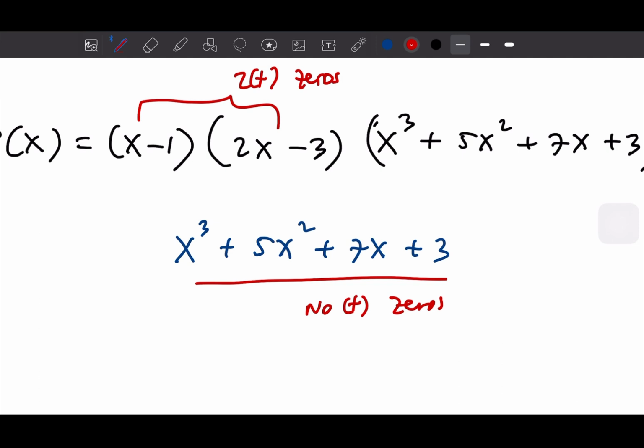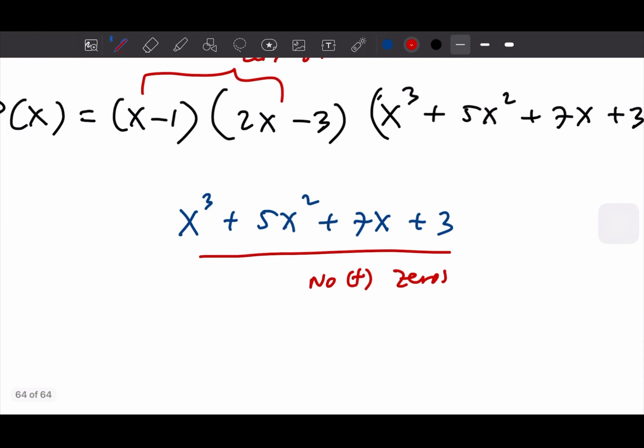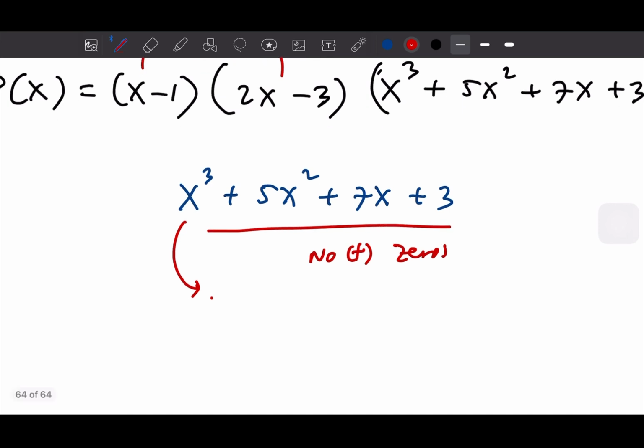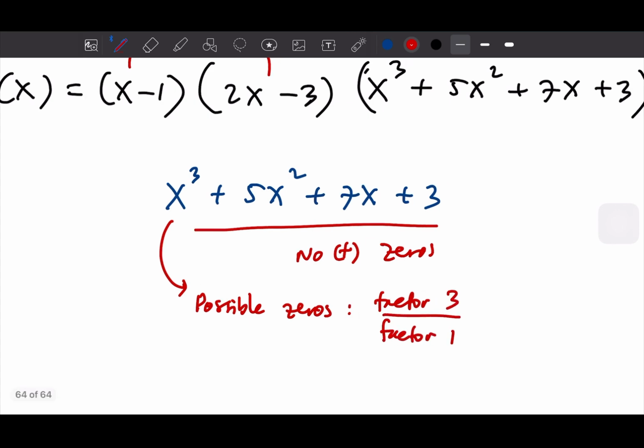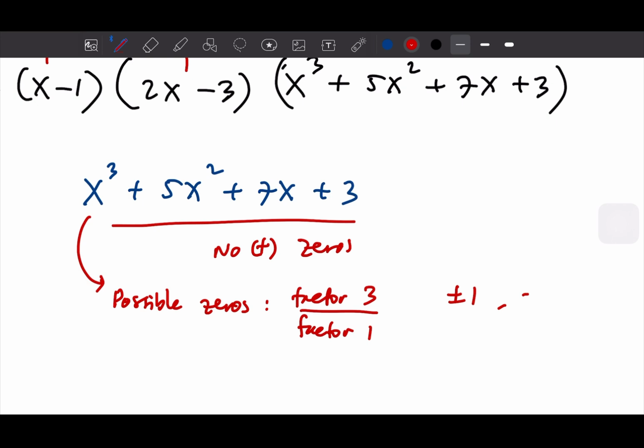From the Descartes rule, the possible zeros are factors of 3 and factors of 1. So we only have plus minus 1, plus minus 3, and because we are not having any positive zero, we could try negative 1 and negative 3.